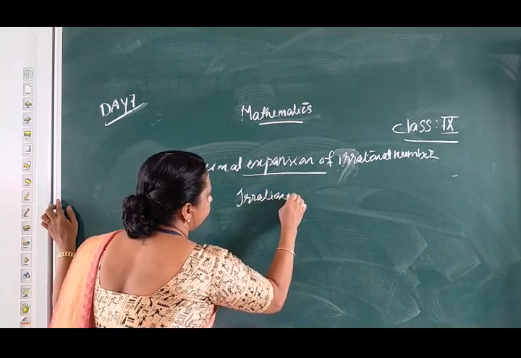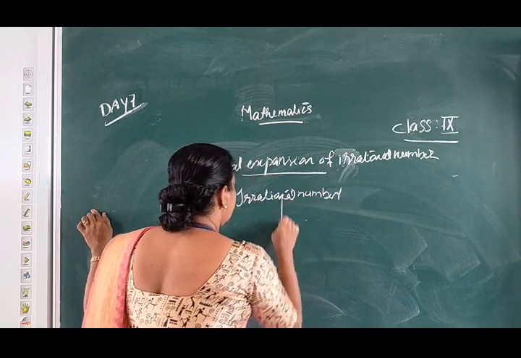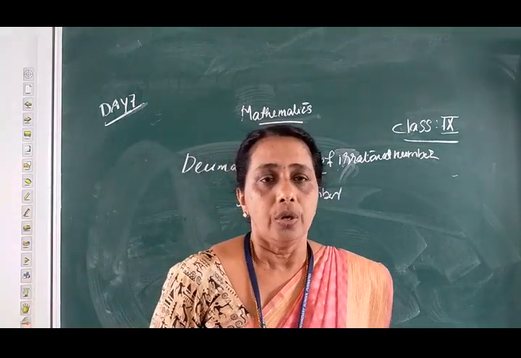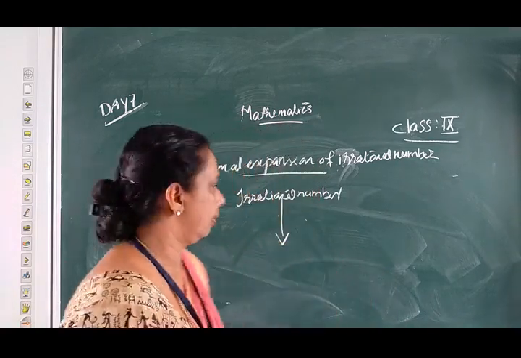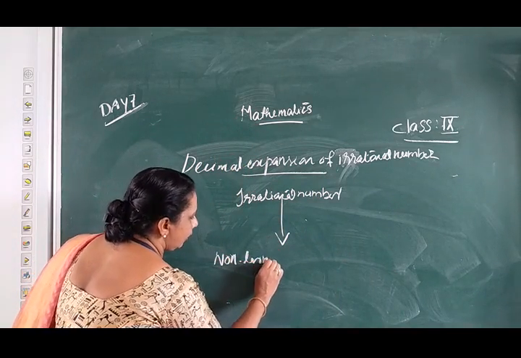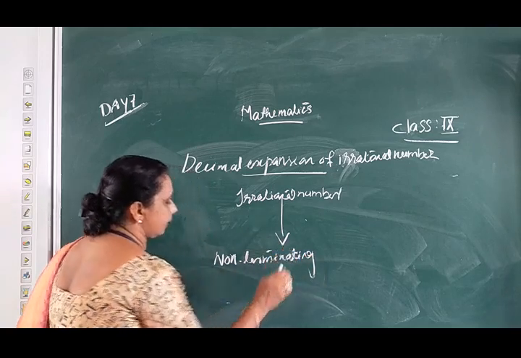An irrational number has only one type of decimal expansion, that is non-terminating, non-recurring. Non-terminating means the division never ends.